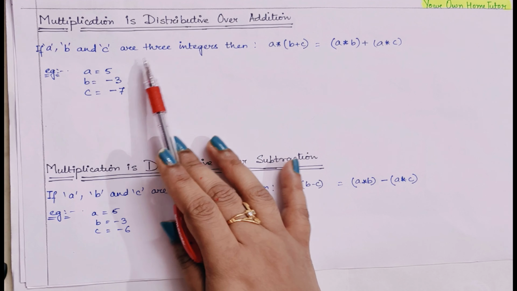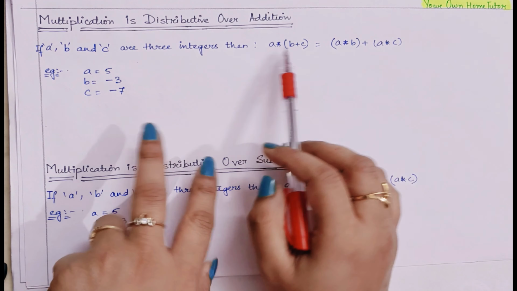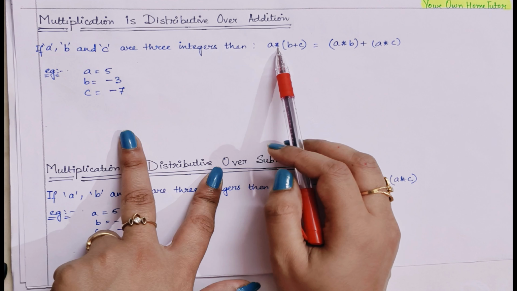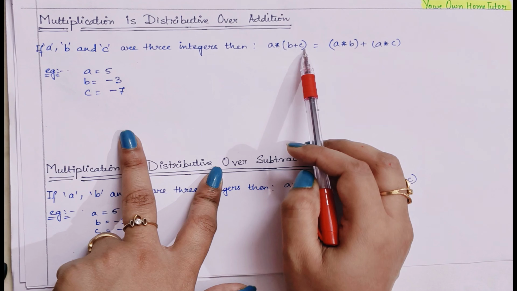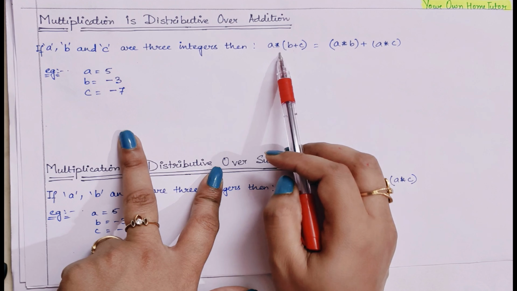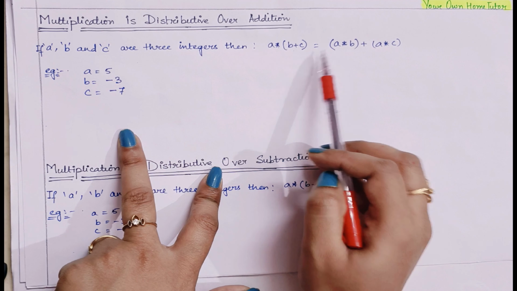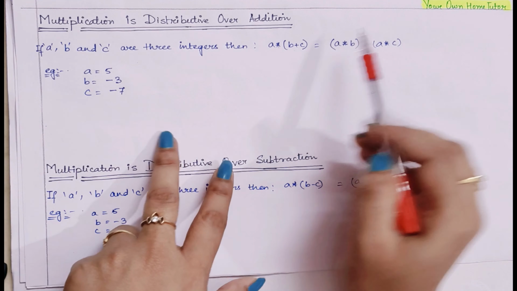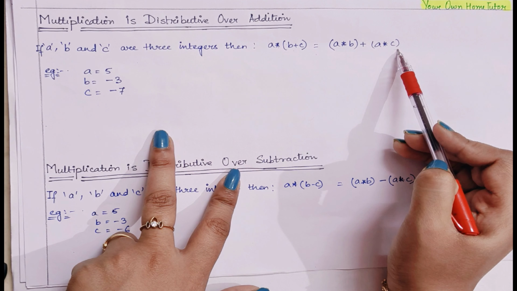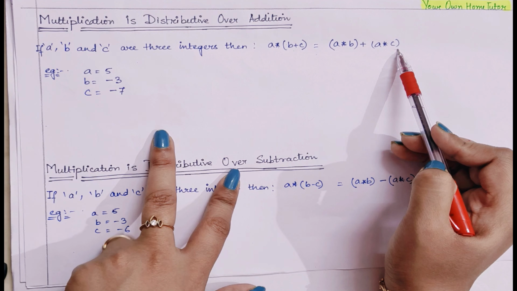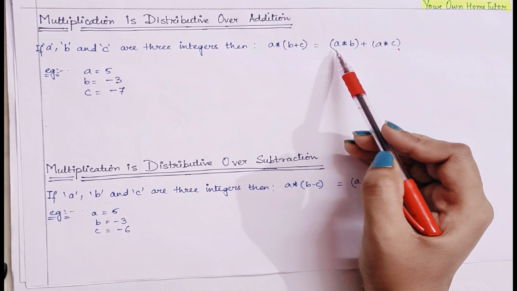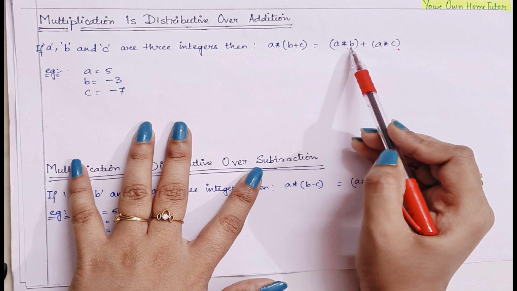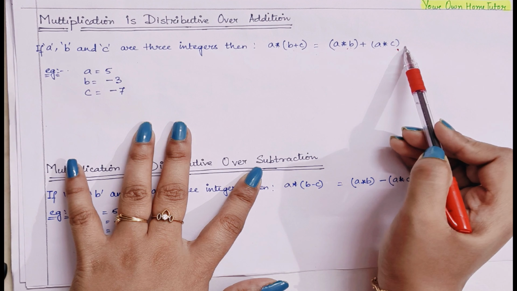If A, B and C are 3 integers, then if I multiply A with the sum of B and C, I will obtain a result equal to the result from this equation: A into B plus A into C.